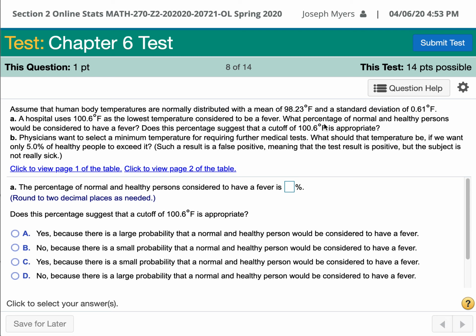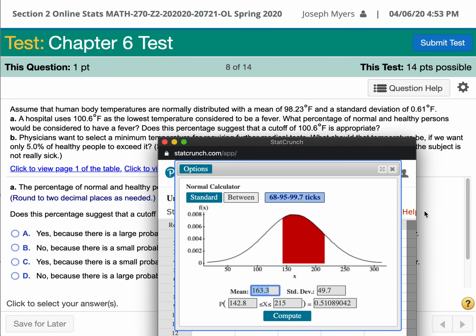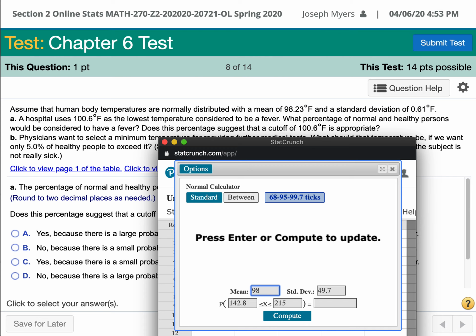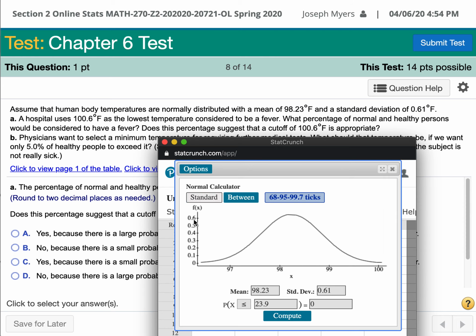Okay, assume the human body temperature is normally distributed with a mean of 98.23 and a standard deviation of 0.61. Now a hospital uses, so let me click on this button, standard.